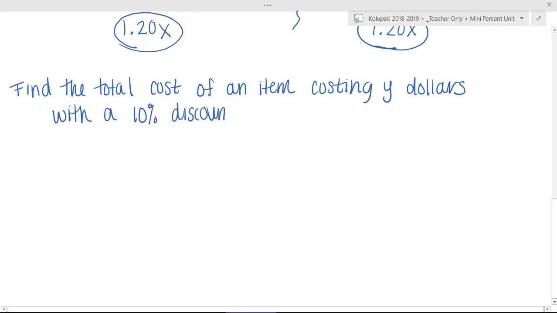Remember, we like discounts because it's going to make the value smaller. I'm again going to do it both ways. You pick whichever way you like most.